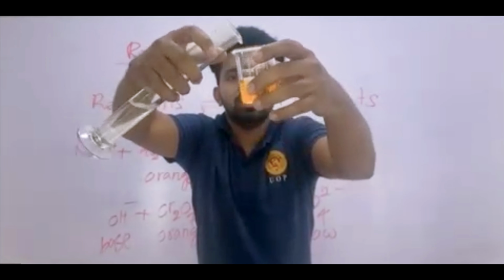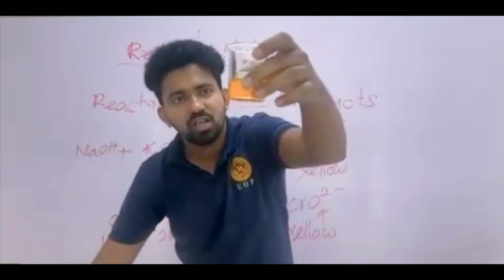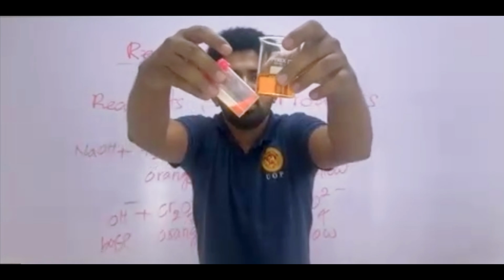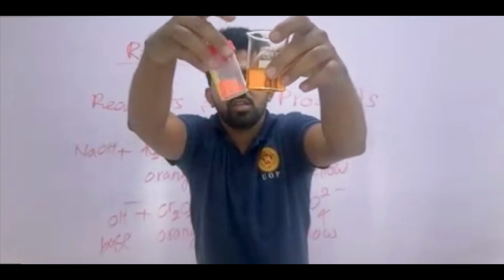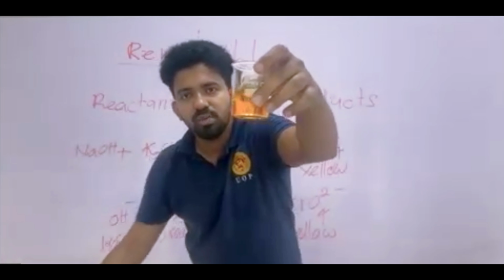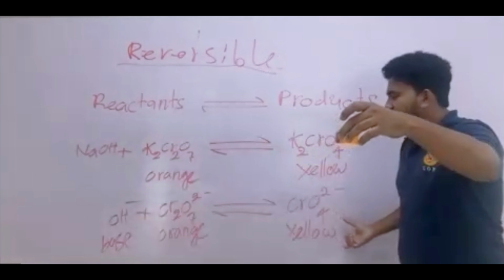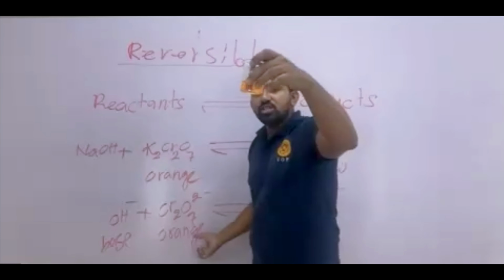Now you can observe the color change. It turns back to the previous orange color. So we started with the product, which is yellow, and it turns to orange again.